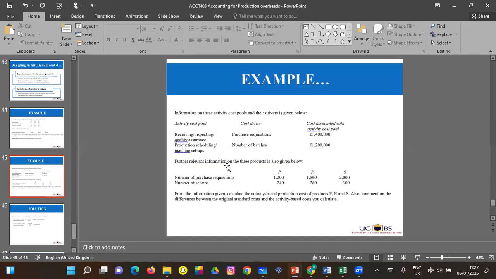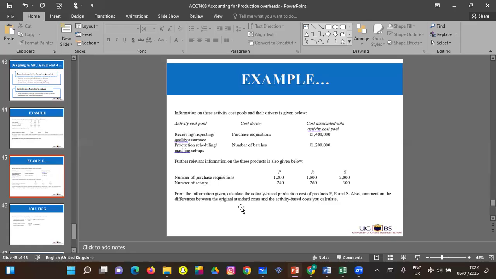Further relevant information is that the number of purchase requisitions is 1,200 for P, 1,800 for R, and 2,000 for S. The number of setups for P is 240, for R is 260, and for S is 300.